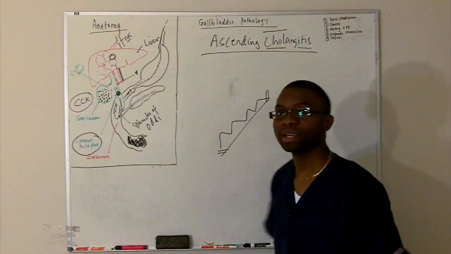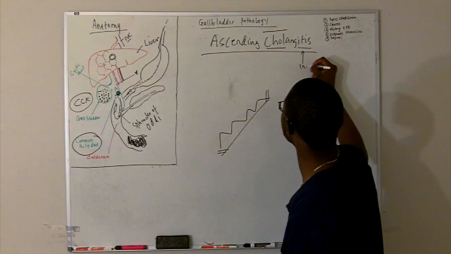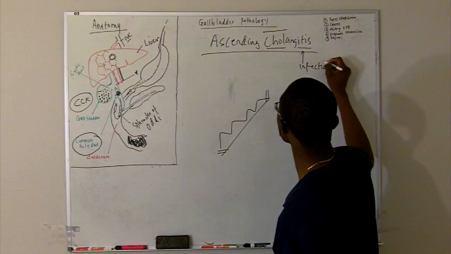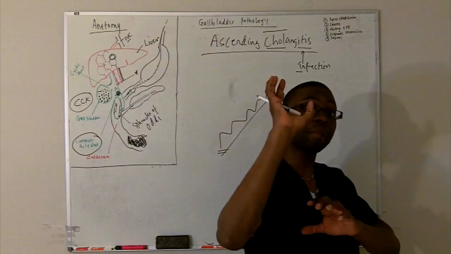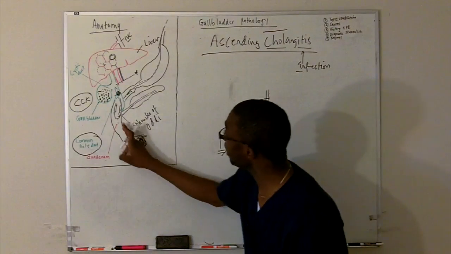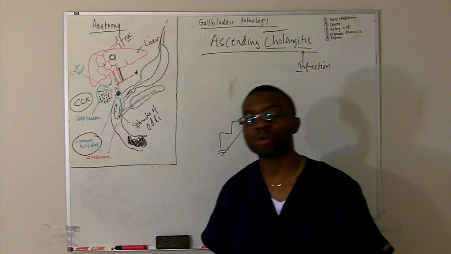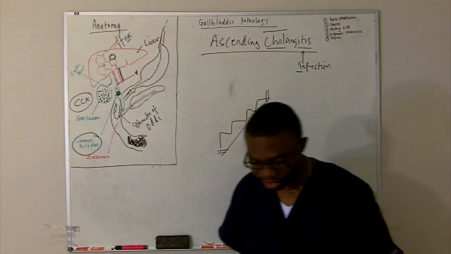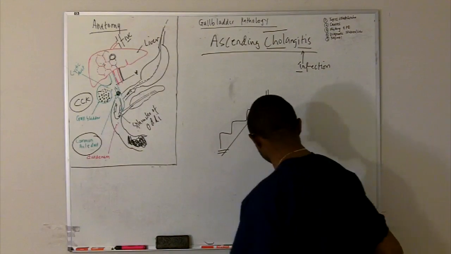Itis, again, inflammation. In this case, what's causing the inflammation is an infection. So an infectious process creeping up into this green line, which is the common bile duct, is called ascending cholangitis. What do you think is causing it? Bacterial overgrowth. Now let's talk about the guys that actually play a role in this.